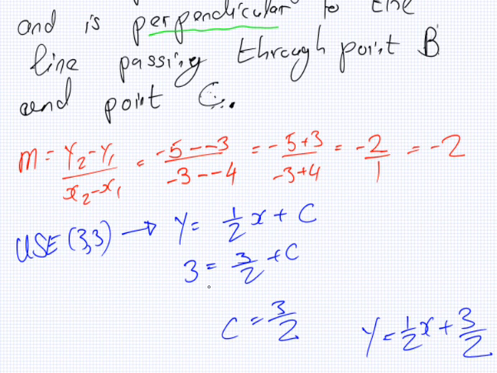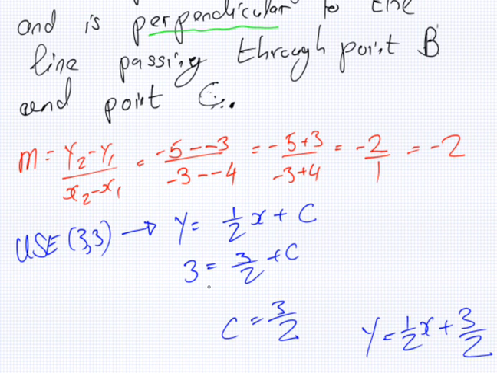So it would equal minus 5 minus minus 3 over minus 3 minus minus 4. That's minus 5 plus 3 over minus 3 plus 4. What's that? Minus 2. So that's the slope here.